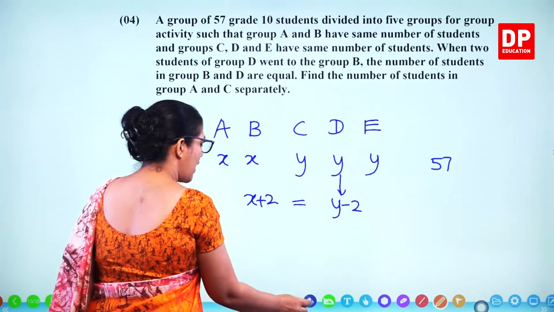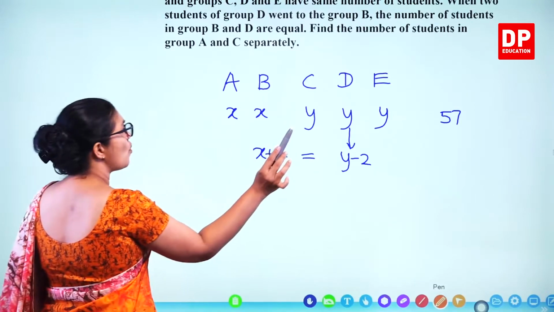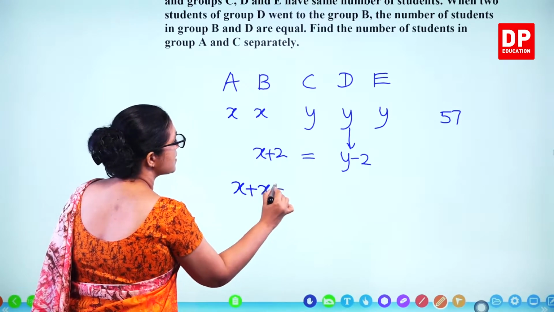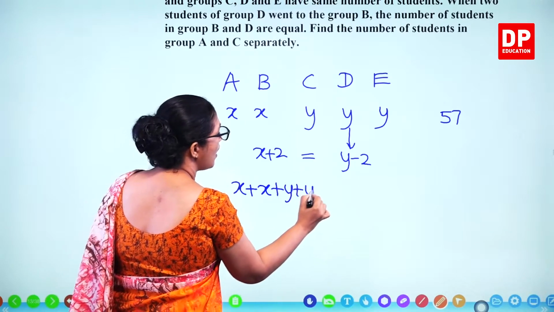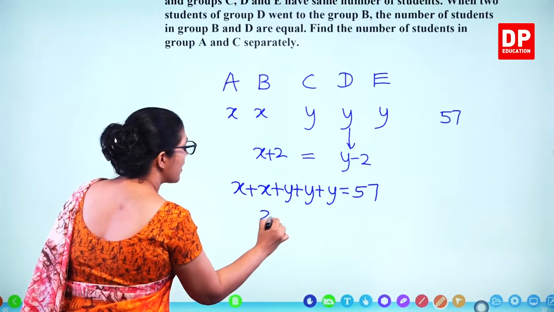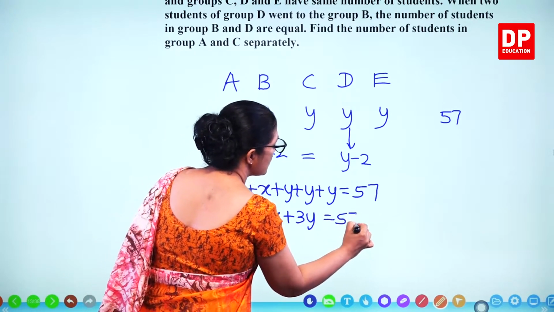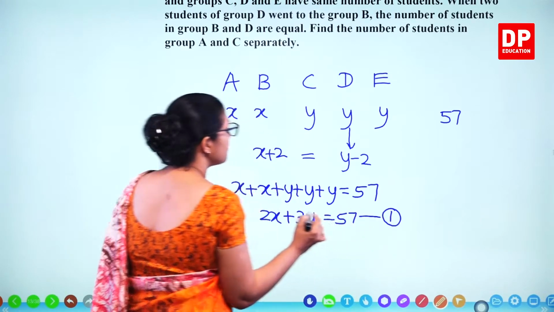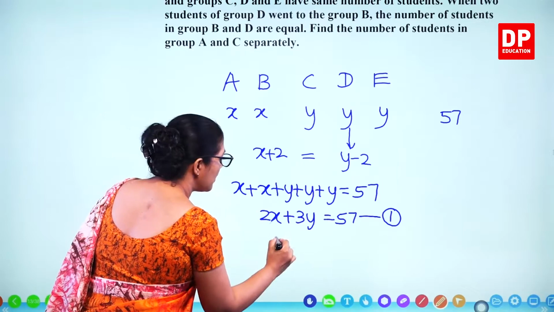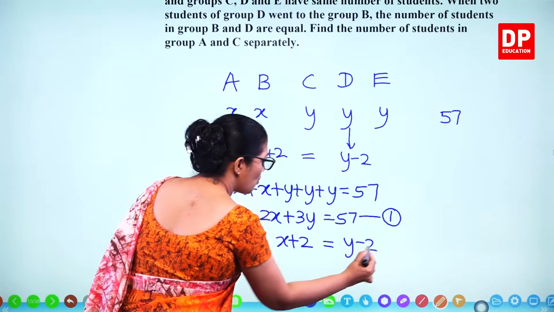So how can we write down the 2 equations? First one is the total is 57. X plus x plus y plus y plus y is 57. That means 2x plus 3y is 57. That's the first equation. What's the second equation? These 2 are equal. X plus 2 is equal to y minus 2.